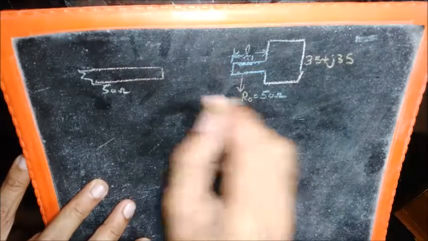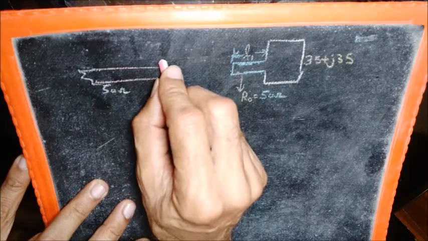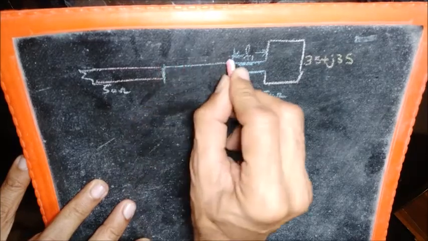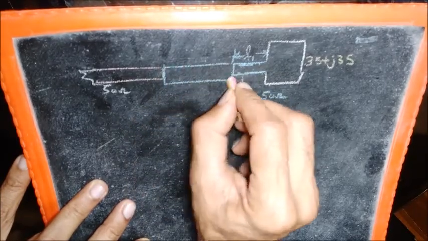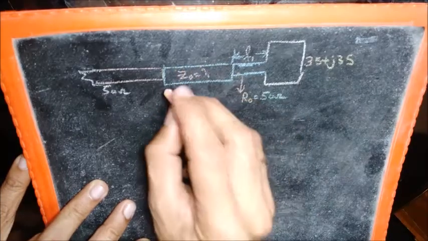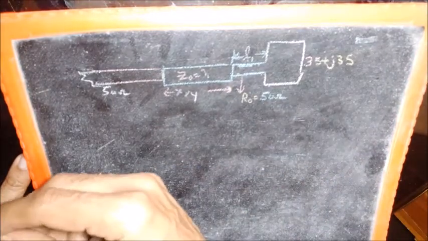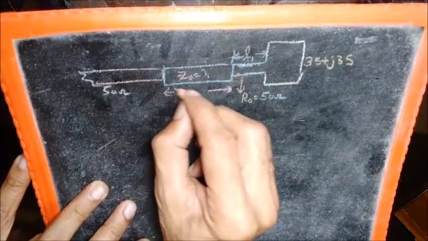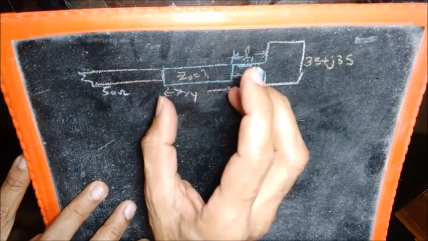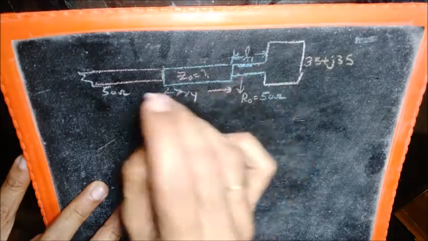All this is in the microstrip domain, and we were supposed to identify the characteristic impedance of a lambda by 4 line which will provide an impedance matching.